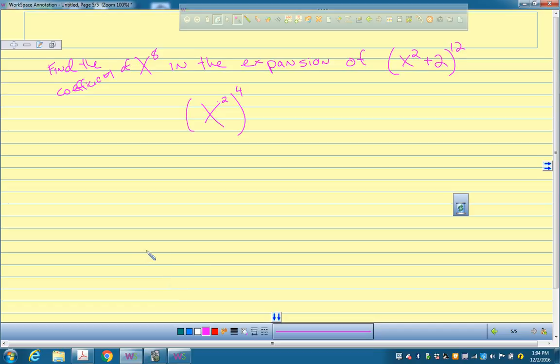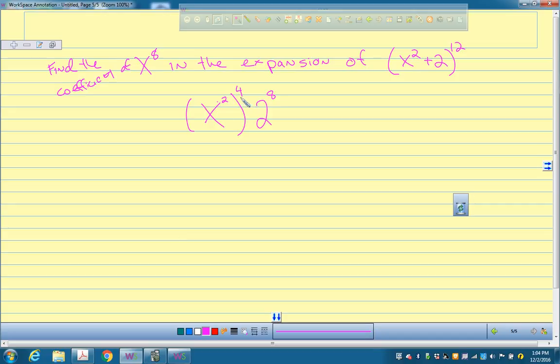See that? If this is being raised to the 4th power and I have a 12 up here, what is 2 being raised to? Very good, 2 is being raised to the 8th. You understand?